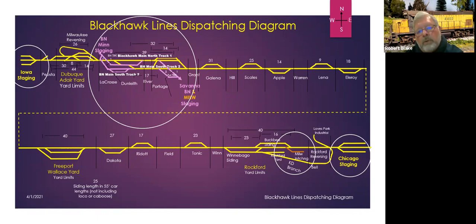So it really was run as, and is still run as, double track between Portage Junction and East Dubuque or Dunleith. And there is interchange in Dubuque with the BN, and you see BN staging up at the top left of that circle and Savannah staging down to the bottom right.